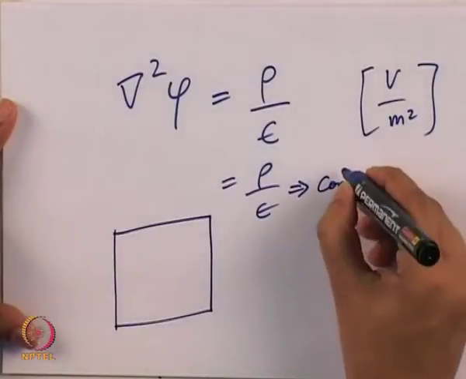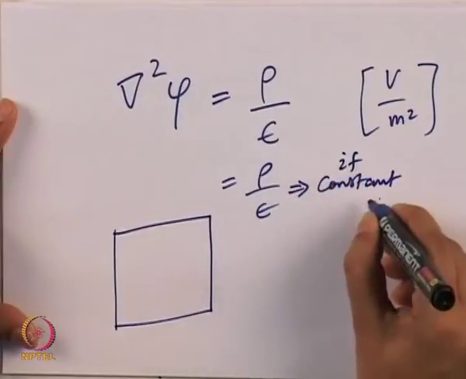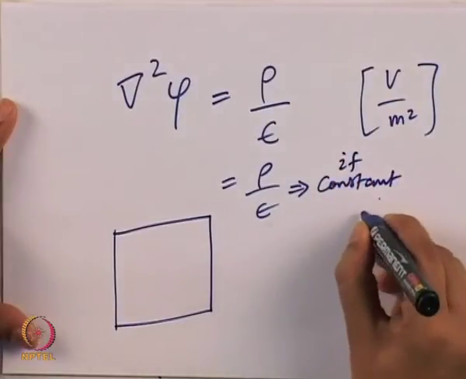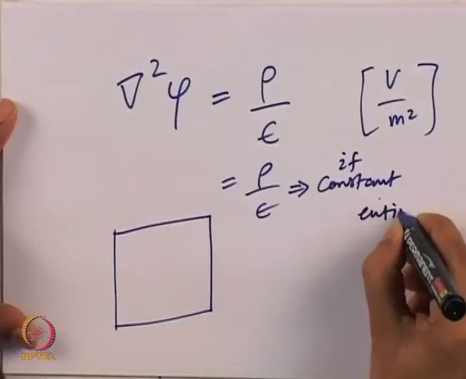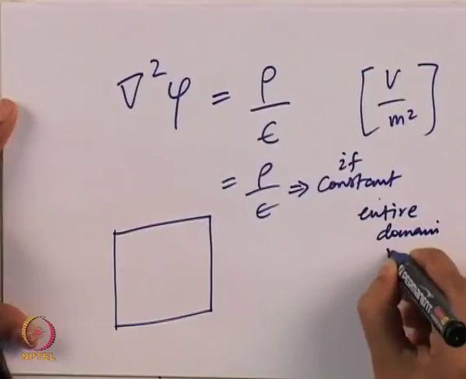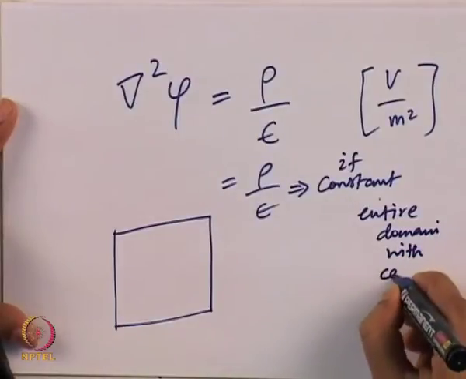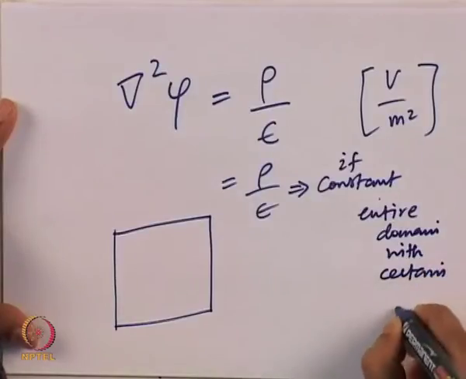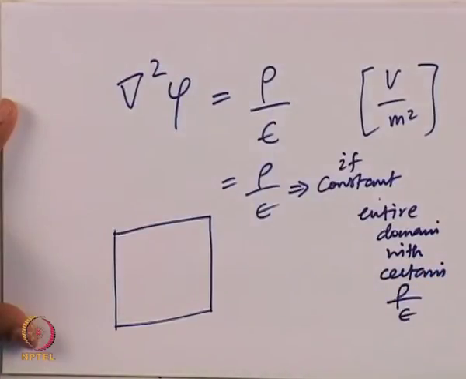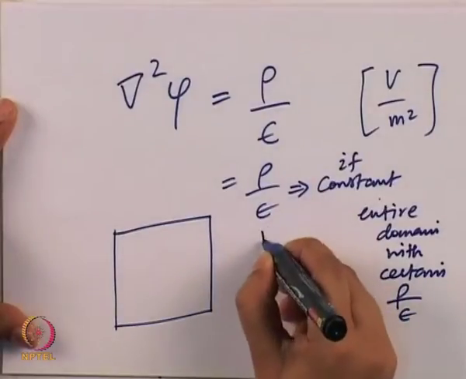So this is a special case. If this is a constant, then you can define the entire domain with a certain rho by epsilon, whereas in our case we are going to keep this one as a variable.